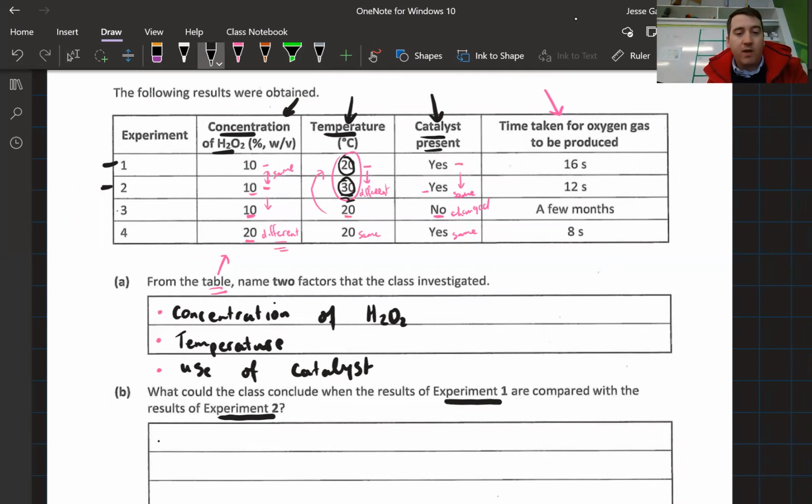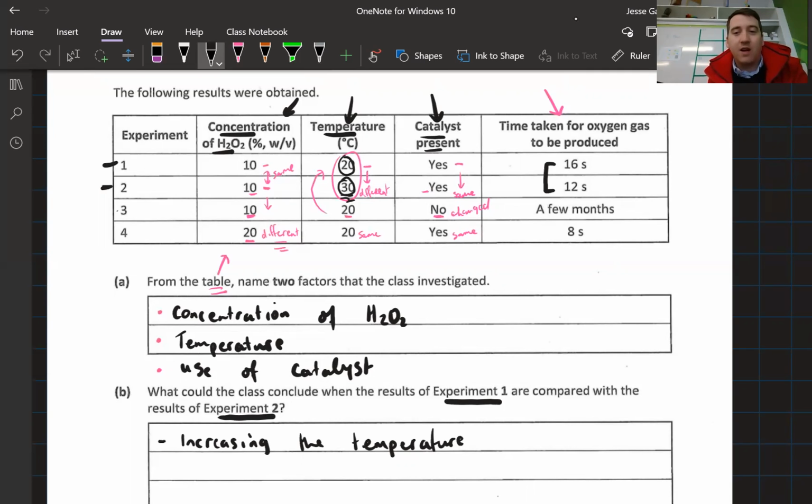Okay, so a conclusion we could make here is that we have increased the temperature. I want you to write about how it impacts the result. Pause the video and write it down if you haven't already. Increasing the temperature has caused the time for the oxygen gas to be produced to decrease.